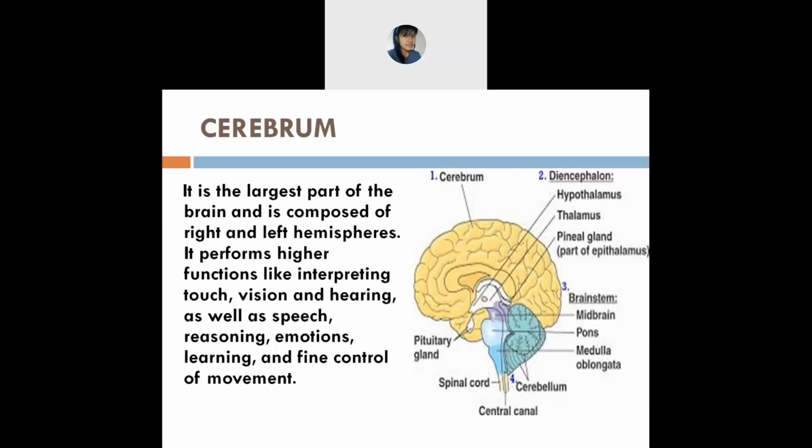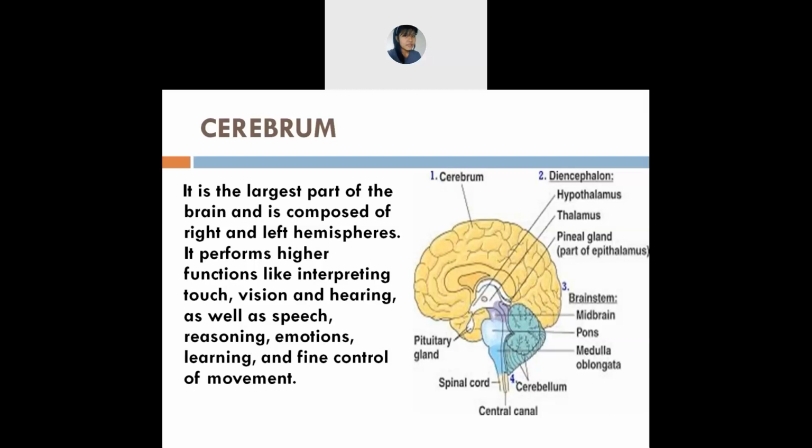Next is emotions: it controls your emotions like happy, sad. Next is learning: the things you learn every day in day-to-day life, the cerebrum helps you in doing that. And fine control of movement: you can do the physical activities you do every day because of the help of the cerebrum.